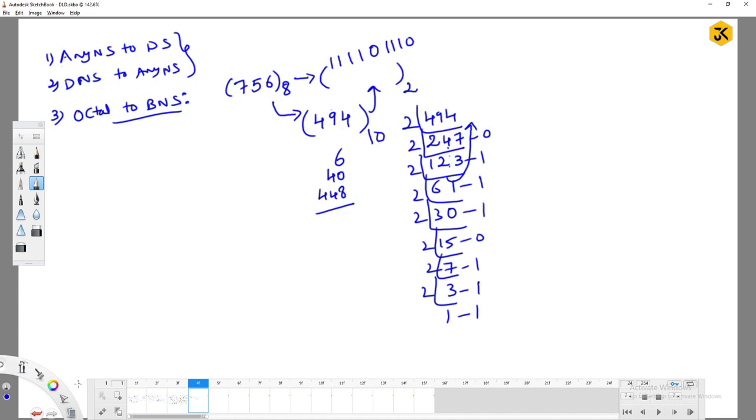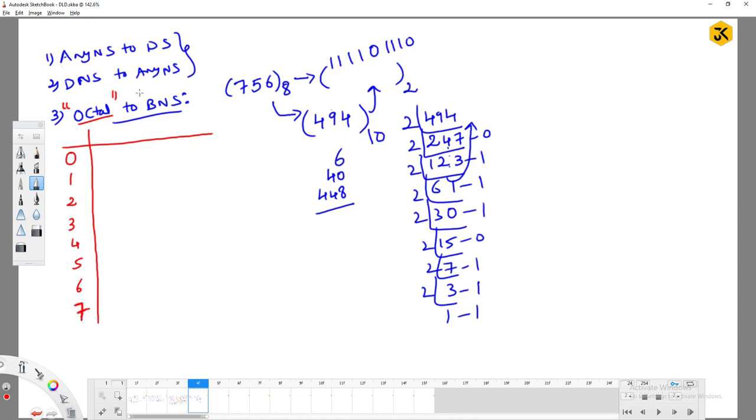Or else, observe, I am trying to extract some features. If I say a number is an octal number, what are the digits possible for an octal number? 0 to 7, right? 0, 1, 2, 3, 4, 5, 6 and 7. So if I have these numbers, how many digits are required to represent the number 7 in binary format?